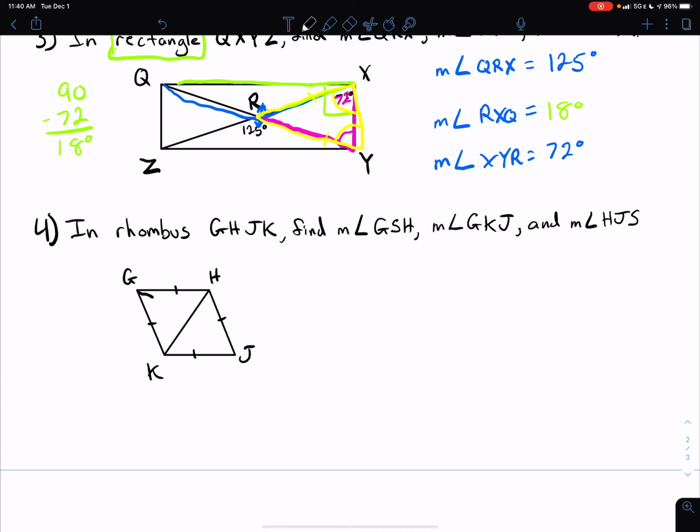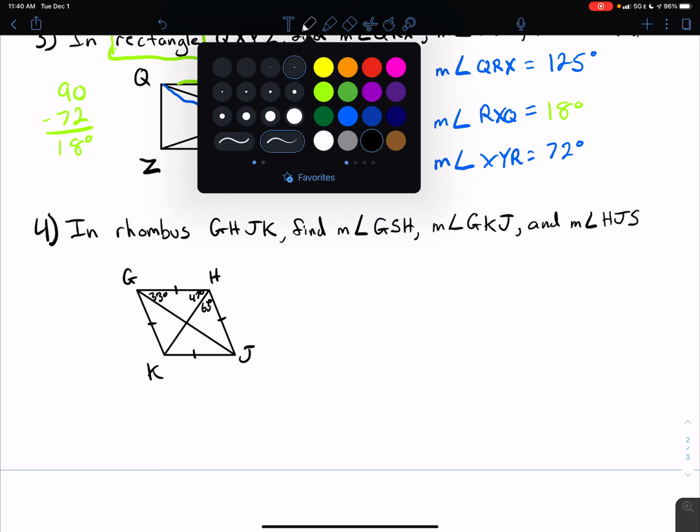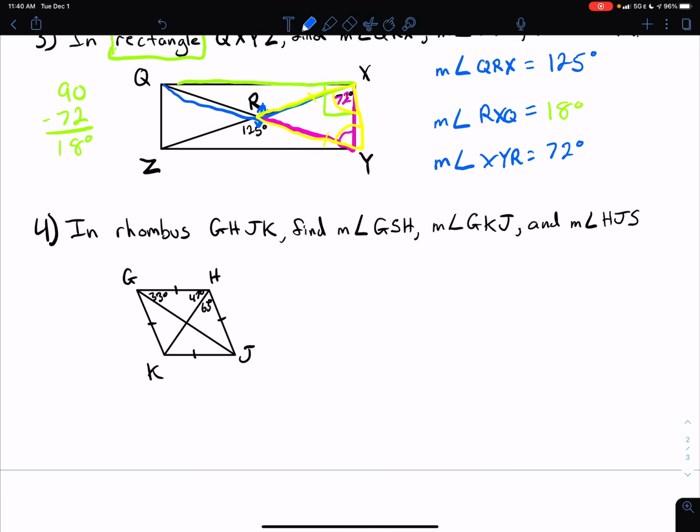So let's draw those. And we know that this angle up here is 33 degrees, and we're told that this one is 47 degrees, and this one is 63 degrees. So we need to find these three. I'm going to write these in different colors.